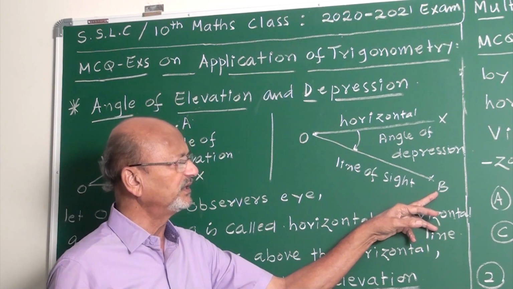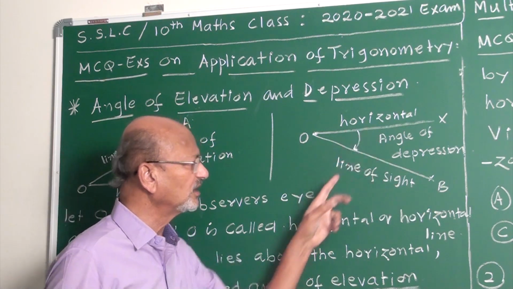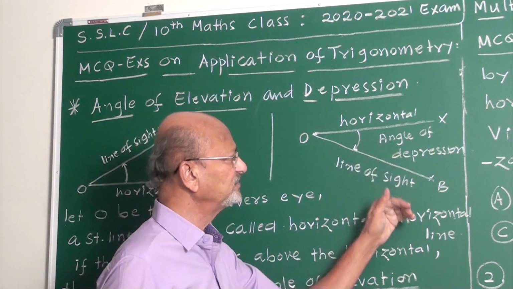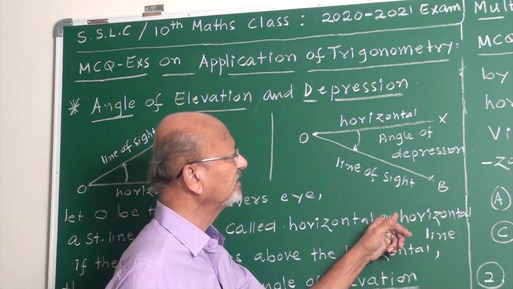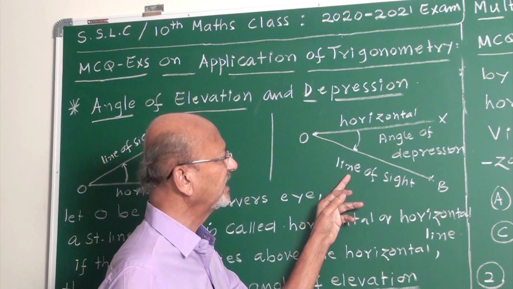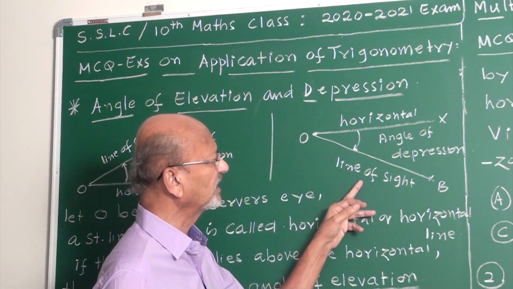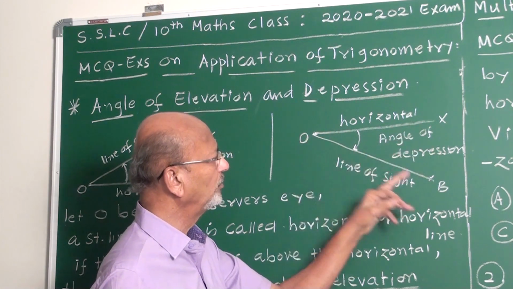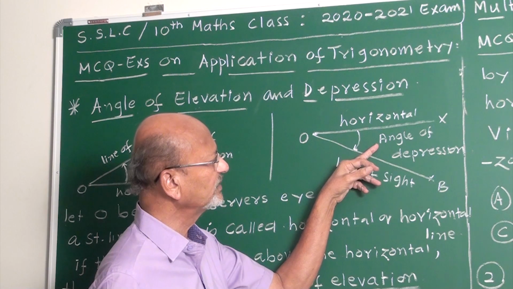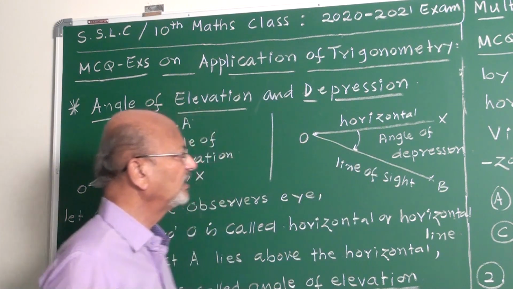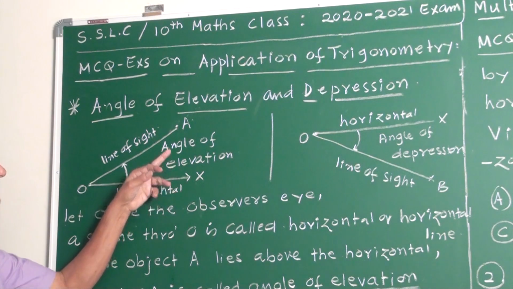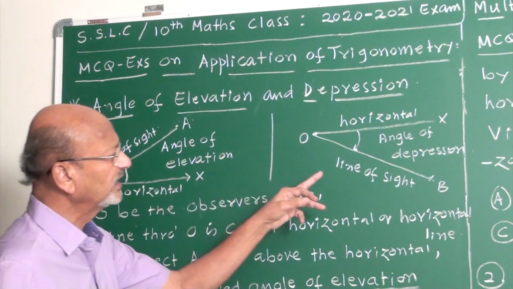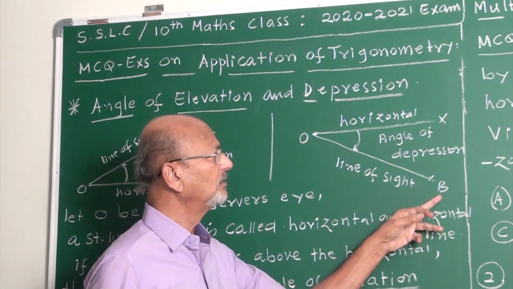If the object B lies below the horizontal, where A was above the horizontal, then the angle formed by the line of sight with the horizontal, this angle XOB, is known as angle of depression. Remember, my friends, for the angle of elevation, the object will be above the horizontal. For angle of depression, the object is below the horizontal.